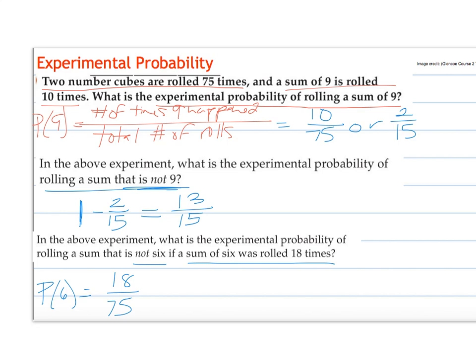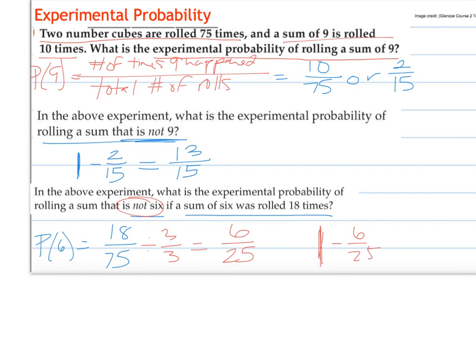We can simplify, since 3 goes into both, so that's 6/25 is how often 6 was rolled. How often it was not rolled is the complementary: 1 whole minus 6/25, which is 25/25 minus 6/25, or 19/25. That is the probability that you will not get a sum of 6.